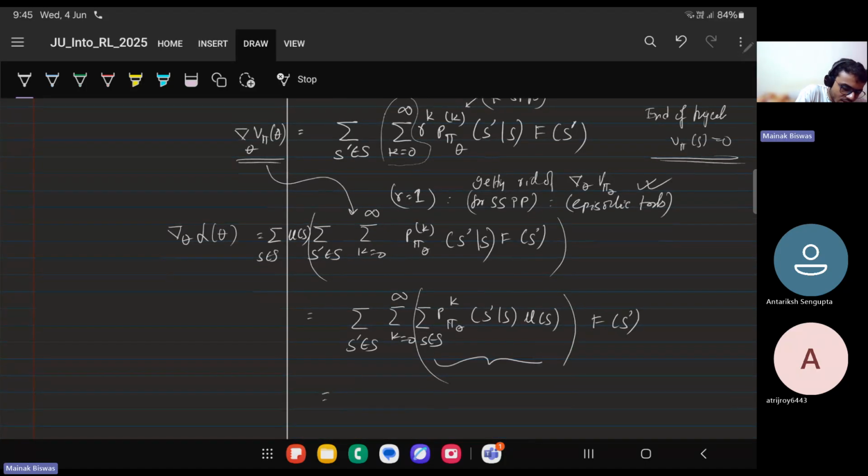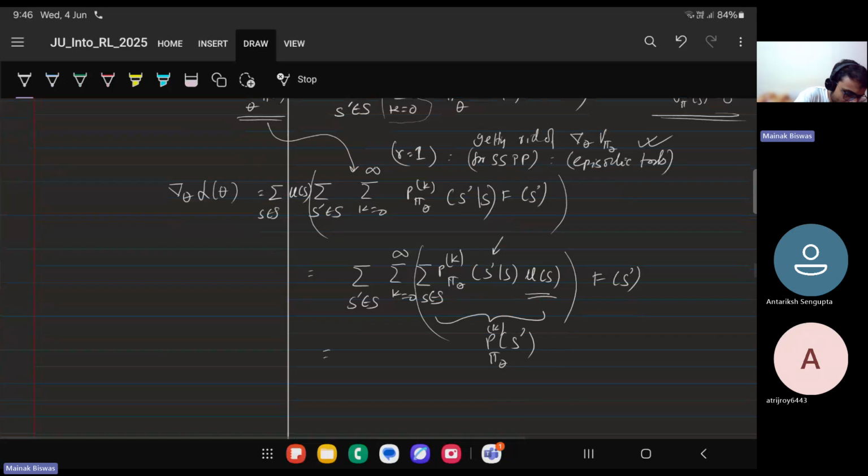Do you agree this is just P of S dash in k steps? I am summing over the initial distribution. Yes, initial distribution, and this is to go to S dash from S in k steps. So this is saying that in k steps, what is the probability you will be in S dash?